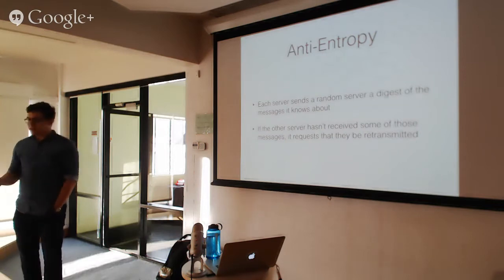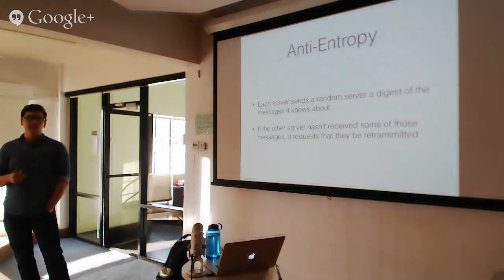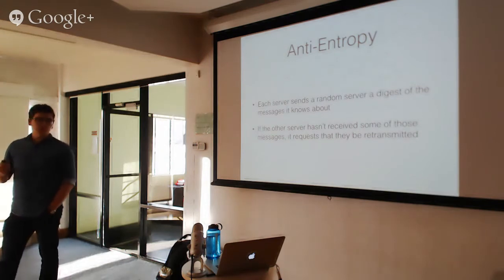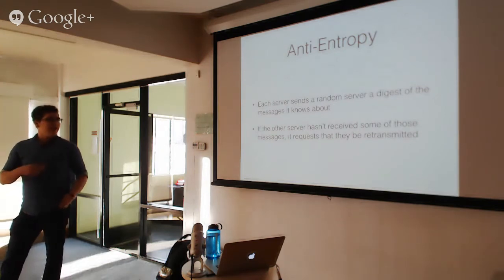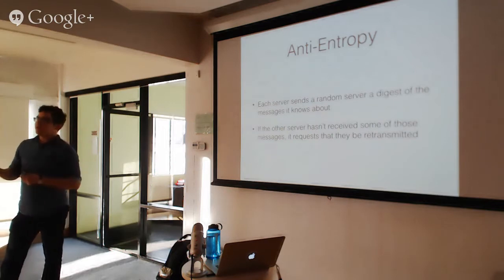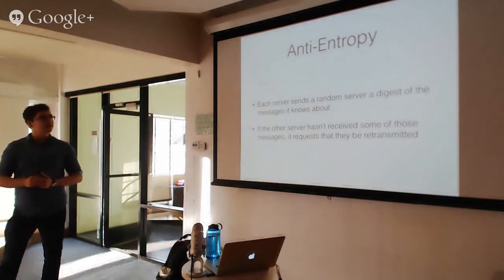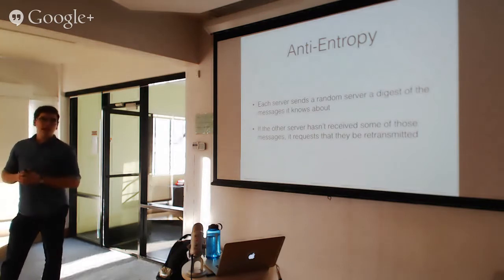If it's missing some messages, it asks the sending server to resend the message. The sending server then resends the message. The receiving server receives them. And then at the end of this anti-entropy phase, the receiving server has all the messages that the first server did at the beginning of the phase. And so this runs at regular intervals over and over and over again. And the goal is to get the message everywhere.